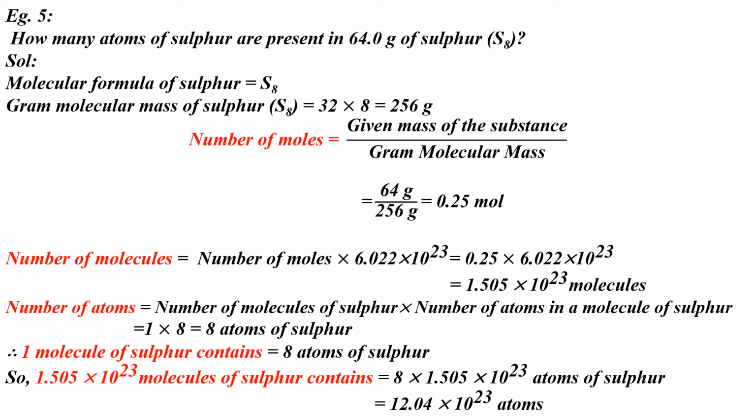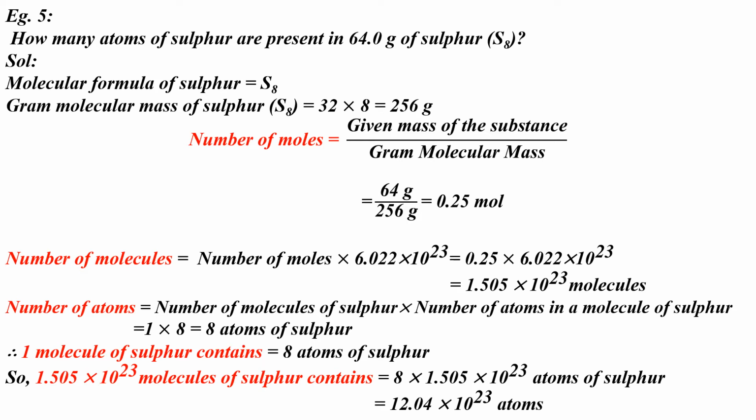Example 5. How many atoms of sulfur are present in 64 grams of sulfur, given as S8? Here the molecular formula of sulfur is S8. S8 means it is a molecule, that is, there are 8 atoms of sulfur in S8. Now, how would you find the gram molecular mass of sulfur?